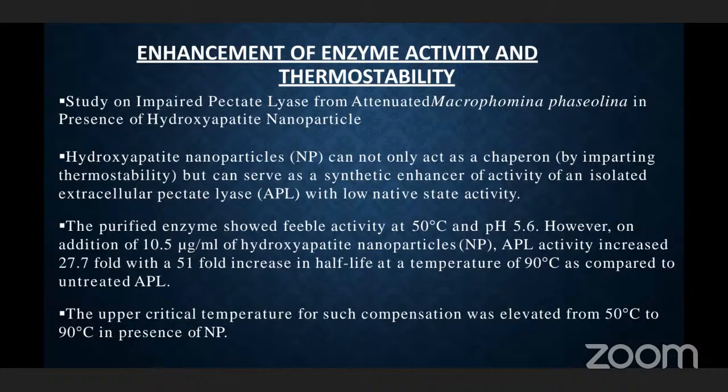The nanoparticles can act as a chaperone, and chaperones are nothing but heat shock proteins, normally found in our body.